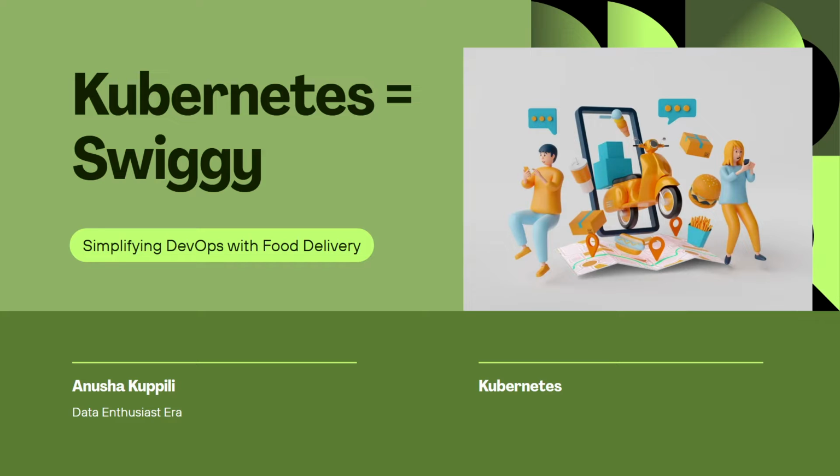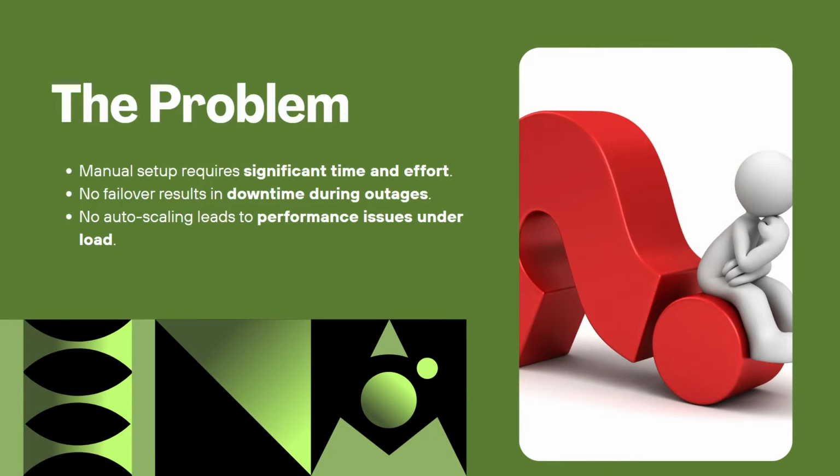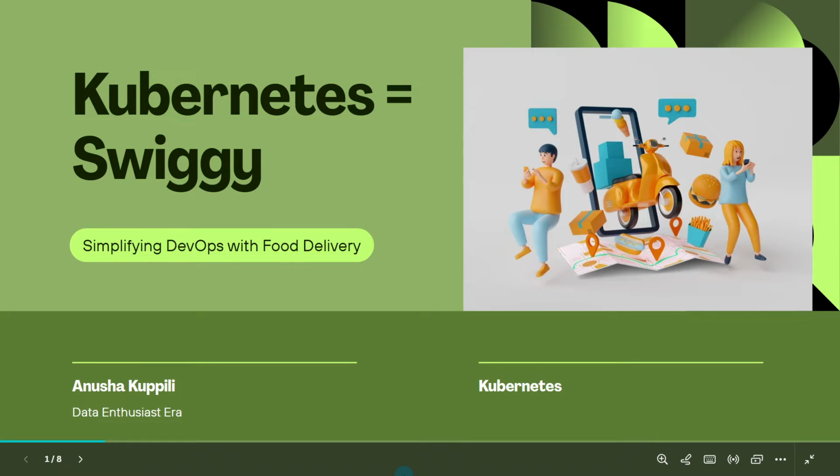So have you ever ordered food on Swiggy or Zomato and got it delivered hot and on time? While ordering, you won't care who the chef is who is going to cook it or which delivery guy brought it, right?